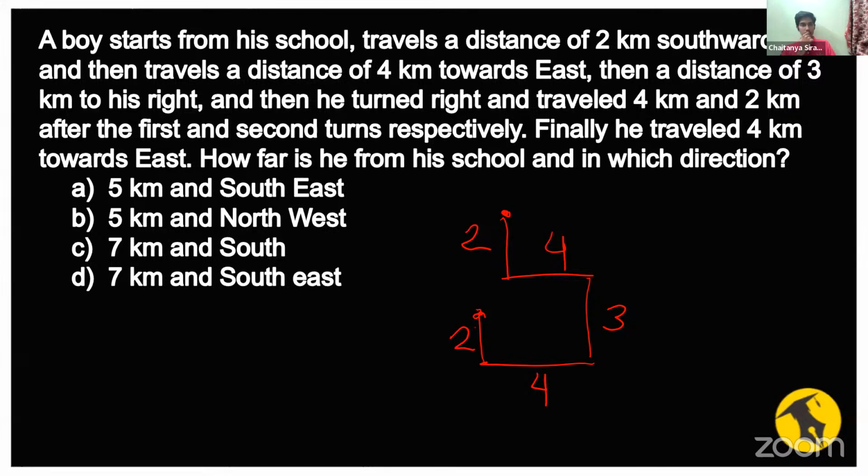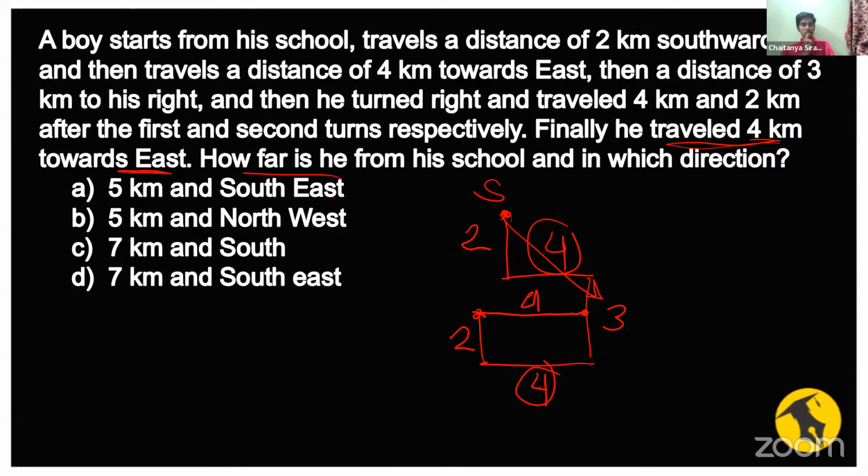So in which direction is he right now? This 4 towards east and 4 towards west have nullified each other, so he should be exactly south. And wait, did I make some mistake again? Oh, I missed this last. He finally traveled 4 kilometers towards east. So now, if this is his school, he's towards the southeast.